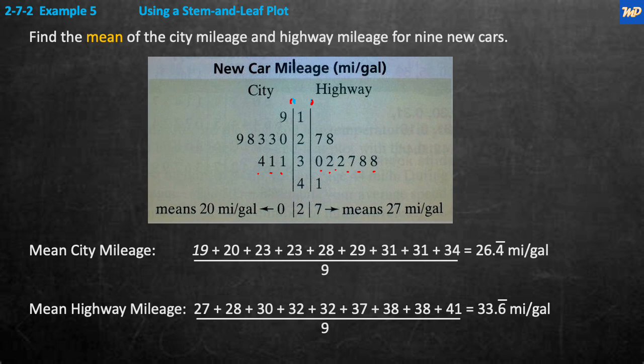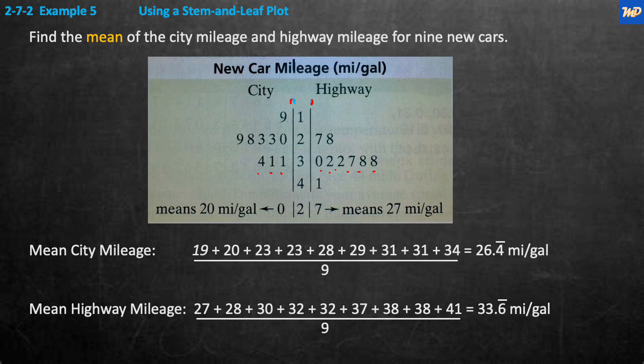So now it says, find the median of the city mileage and the highway mileage for 9 new cars. So here's the values, and these are the cars. The first car has a city mileage of 19.